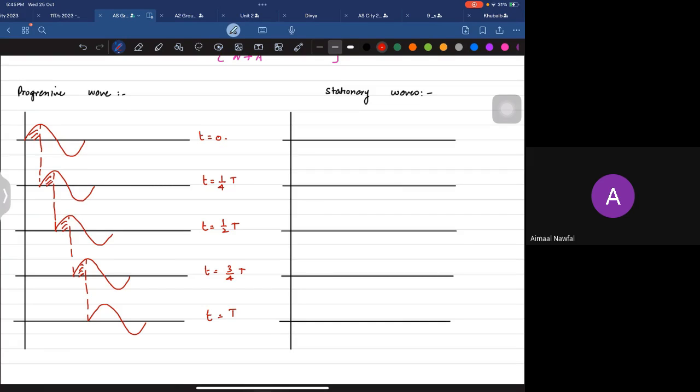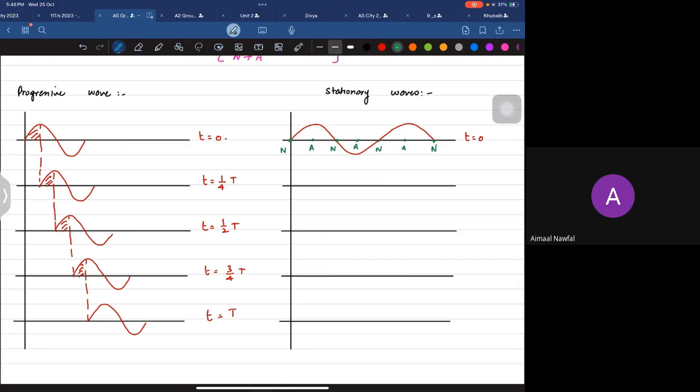But in stationary waves, that doesn't really happen. If you see a wave like this, and this is when the time period is 0, this will be the node, this will be the antinode, this will be the node, the antinode, node, antinode, node.